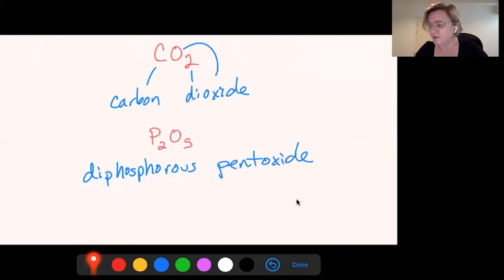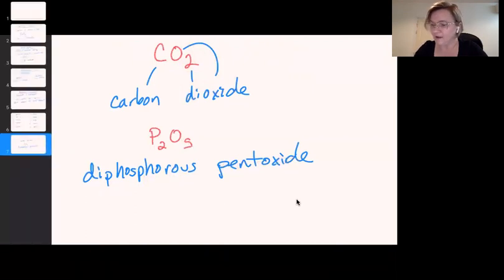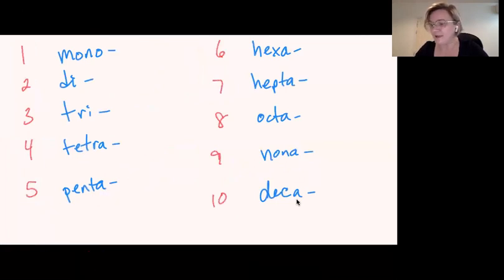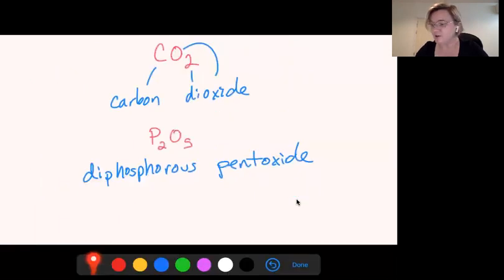Now notice that the prefix for 5 is penta. But when the element name starts with a vowel, we drop the A, because pentaoxide is just a little bit awkward to say. So it's pentoxide.